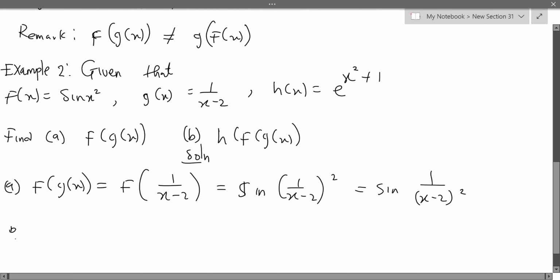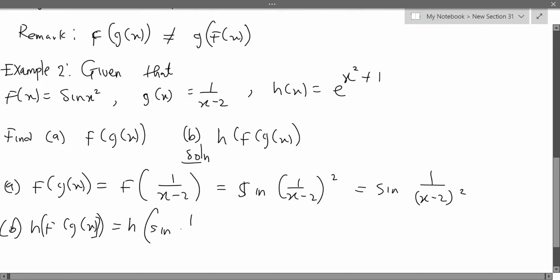Alright, so for the b, we have h of f of g of x. So the composition of function is being composed again, and the same principle is being applied here. You just pick this f of g of x that you've gotten and put it in place of x, that will be the domain of the h.